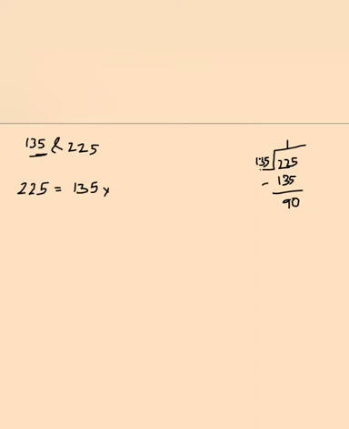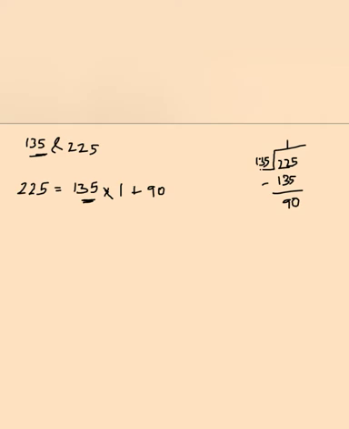The divisor comes here, the quotient is multiplied, and the remainder is added. This is something we studied in 4th standard: dividend is equal to divisor into quotient plus remainder.